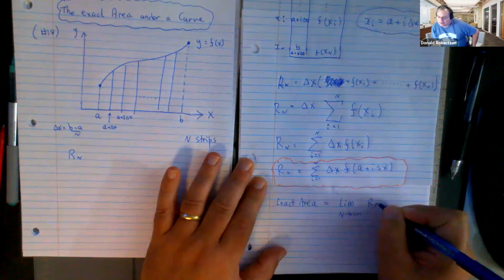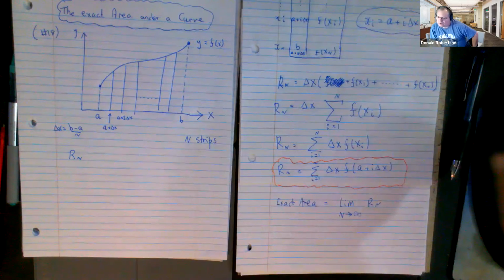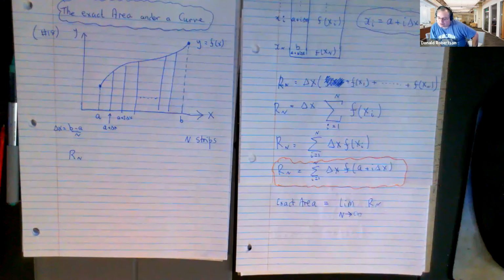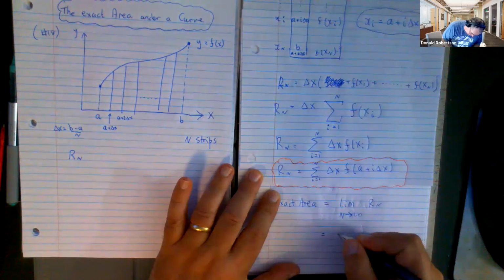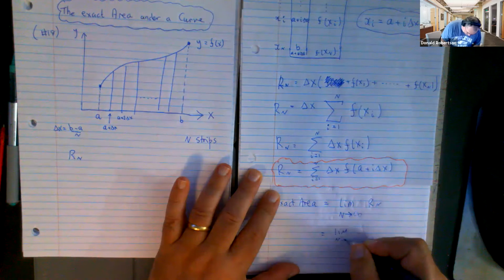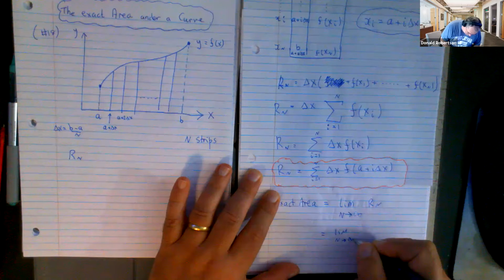Does that make sense? That if you took an infinite number of little strips and added them up, wouldn't that be the area under the curve? And you will very often see it written down a little bit more precisely. Instead of Rn, we write this thing down.